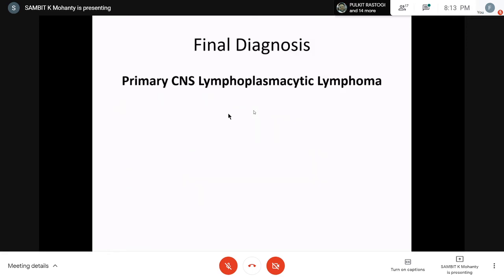So I gave a diagnosis of primary CNS lymphoplasmacytic lymphoma. Not I, my colleague. So do you guys think it is the correct diagnosis? I cannot say it is correct or incorrect, but I just need help from the house. Is it lymphoplasmacytic lymphoma? Sir, what is the HIV status of the patient, sir?